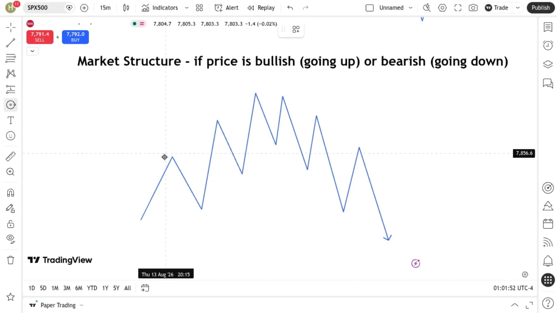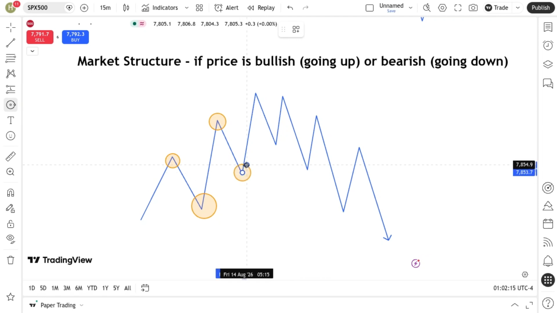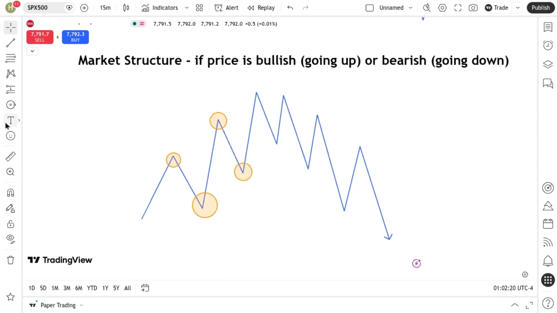Remember, price is going up, it comes down, so that leaves a high. Price goes down, goes up, that leaves a low. Goes up, pivots down, leaves a high. Price goes down, pivots up, leaves a low.